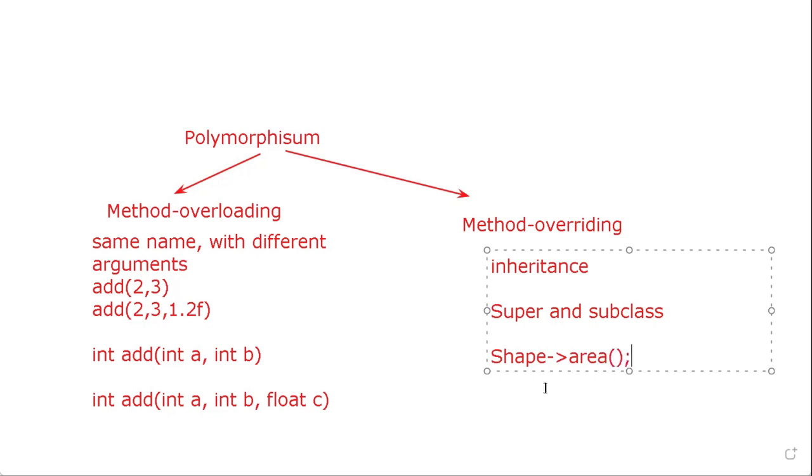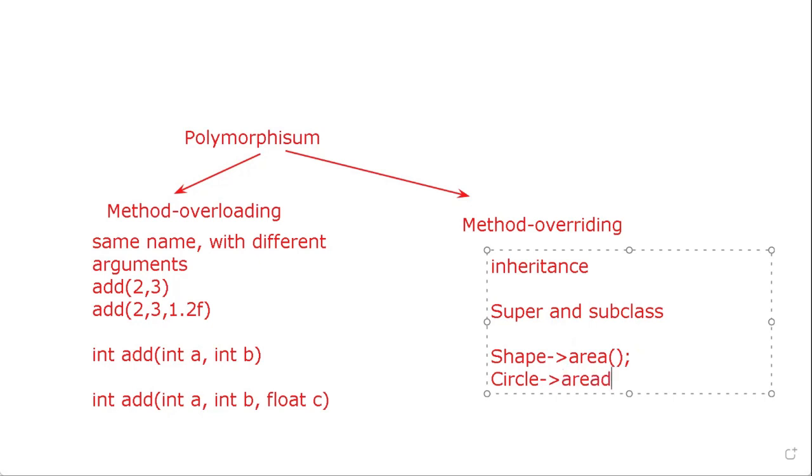But actually, can you find the area of a shape unless the shape is known as a circle or whatever? You cannot, right? So just the method definition can be given. But in Circle, which extends Shape, we can give an area method. We can define it.